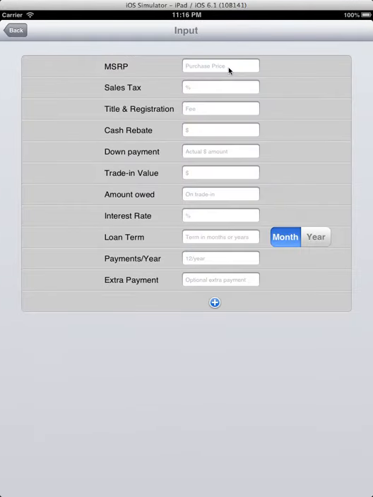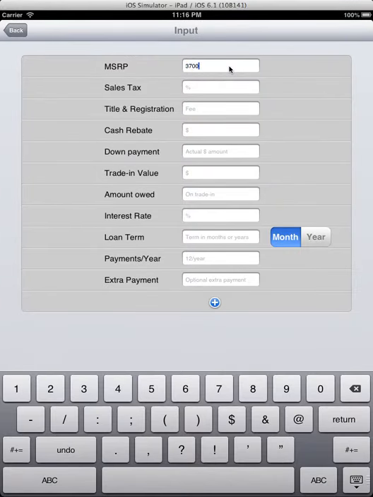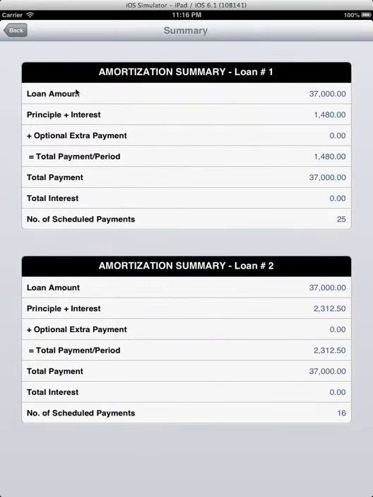Let's compare two or more loans. This is a simple loan. Let's consider 5-year term and 5% as one loan, and say 4-year term and 4% as another loan. So here is the summary comparing both the loans.